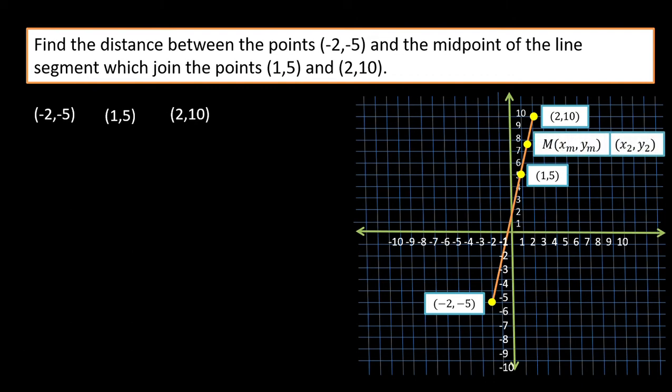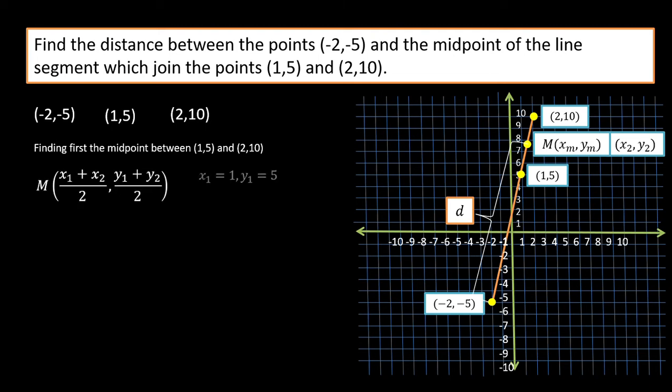So we will find that because the distance we are looking for is from this point, -2, -5, to the midpoint of the line segment of 1, 5 and 2, 10. Therefore, we first find the midpoint of 1, 5 and 2, 10. The midpoint now is 3 halves and 15 over 2.